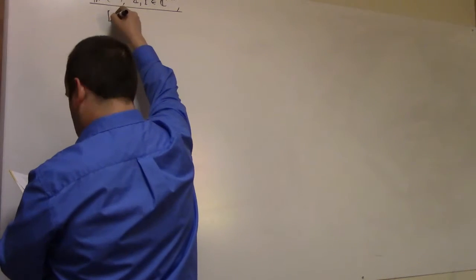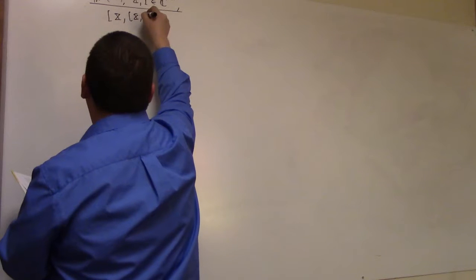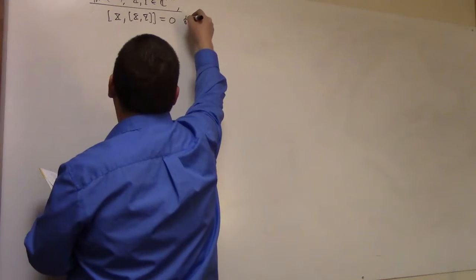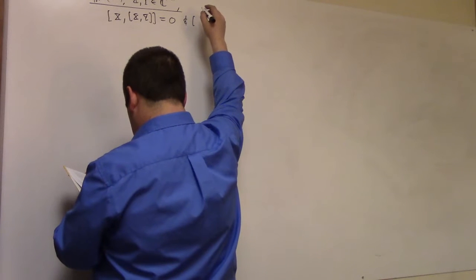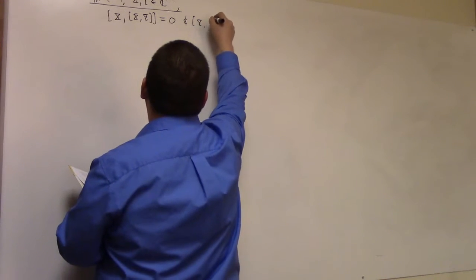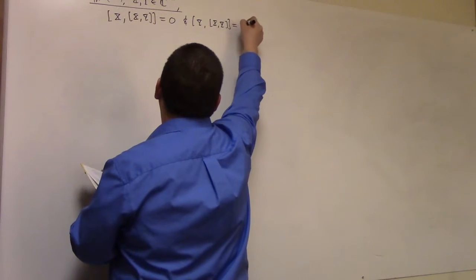The commutator of X and [X,Y] is equal to 0, and the commutator of Y and [X,Y] is equal to 0.